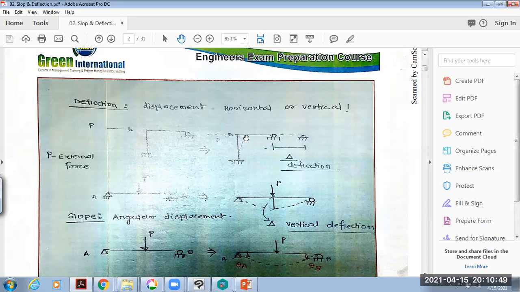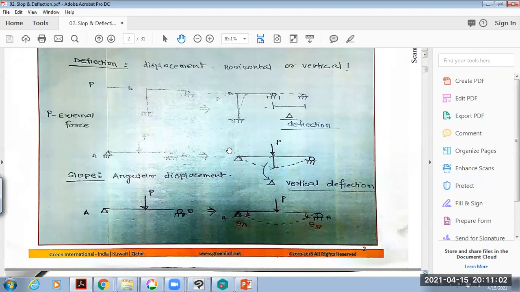The joint already takes this deflection line, and even the roller support will be deflected. This is in frames. And as I told you, in beams, this is the beam deflection and slope, and this deflection is actually linear. It's not a parabolic curve. If you have a uniform load, it will be a parabolic curve.